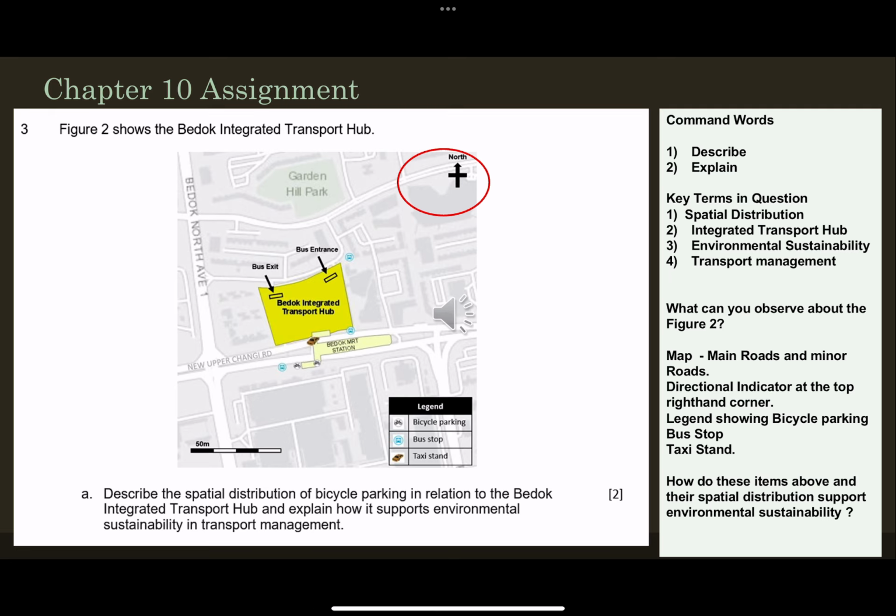Let's now take a closer look at the figure. What do you observe about figure 2? Do you see that in the center of the map, we can see the Bedok Integrated Transport Hub? And in the northern part of the Bedok Integrated Transport Hub, you can see the bus exit and the bus entrance. What does it mean?